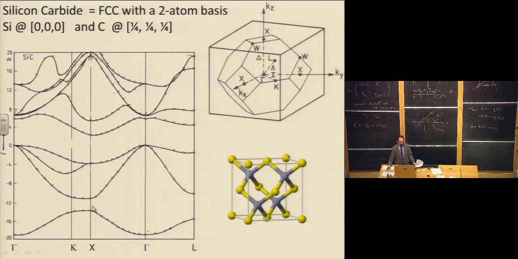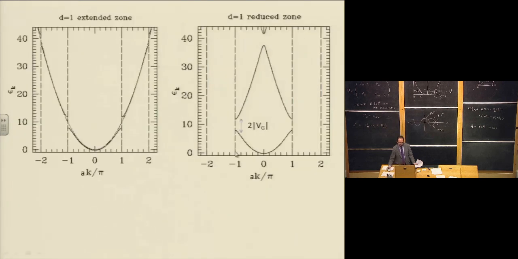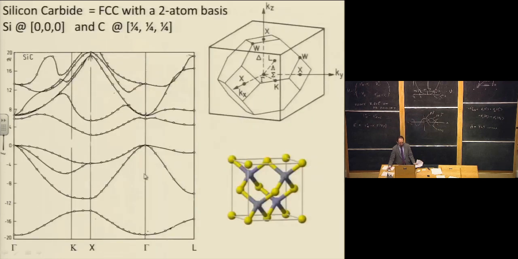And when you get to the Brillouin zone boundary, there's a gap opening up, and here is the second half of the parabola going up. And you could go off in another direction, so going from gamma out to the L point, again you have a parabola, and then a slightly bigger gap in the L direction, and here's the second half of the parabola. Okay, so it's basically the free electron model.